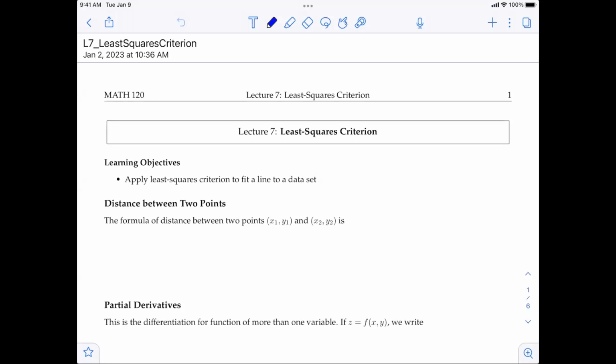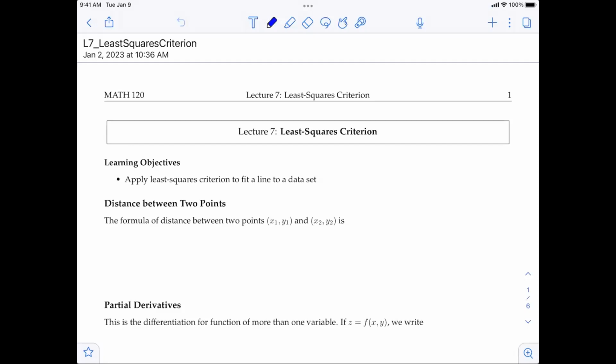In this lecture, we focus on another criterion, the least squares criterion. This is probably the most widely used criterion in all of mathematics and statistics that helps determine the parameters of the function to fit the curve of the function into the data set.